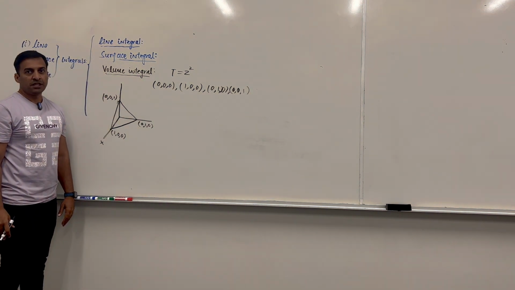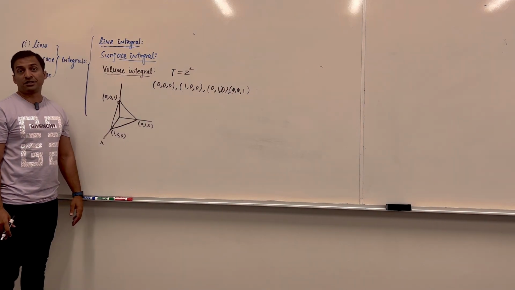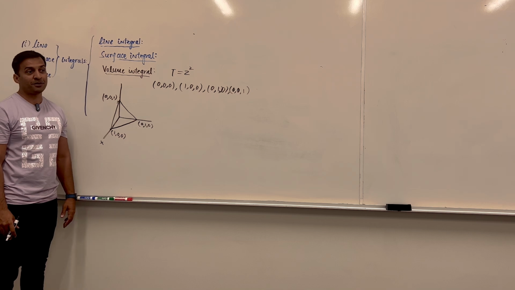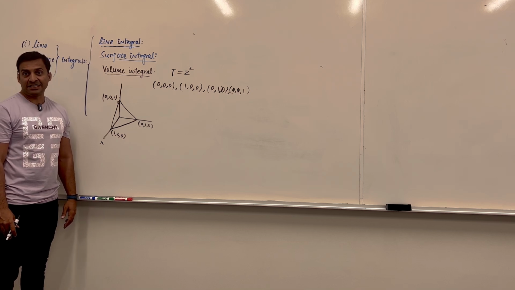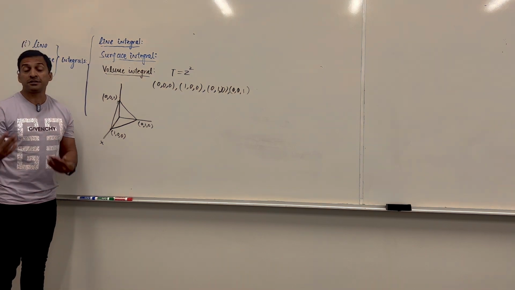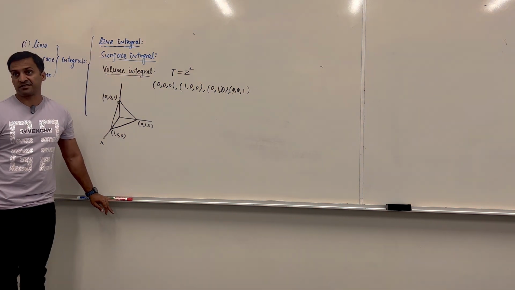Okay, so you are supposed to calculate the volume of this shape. Now the main problem, like in line integrals, is that x, y, and z are all dependent on each other, which means that if you move a small distance along the x-axis, you are not only moving towards the x-axis, you are also moving some distance towards the y or z-axis too.